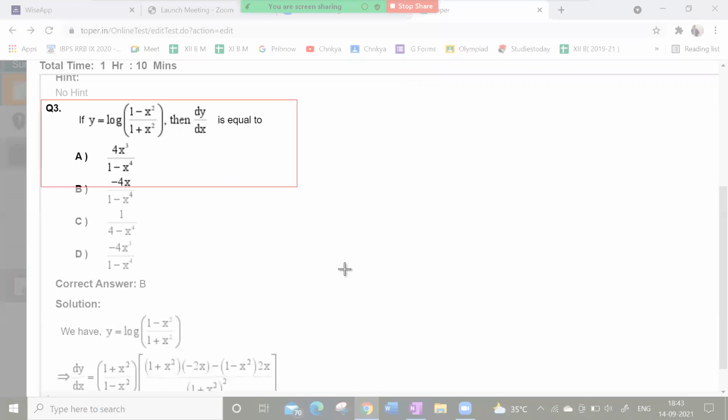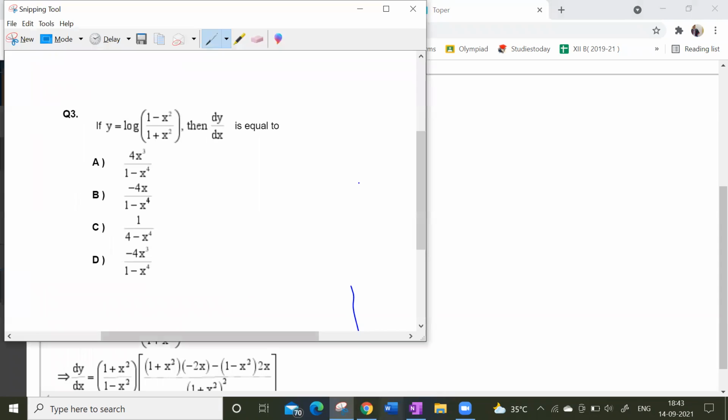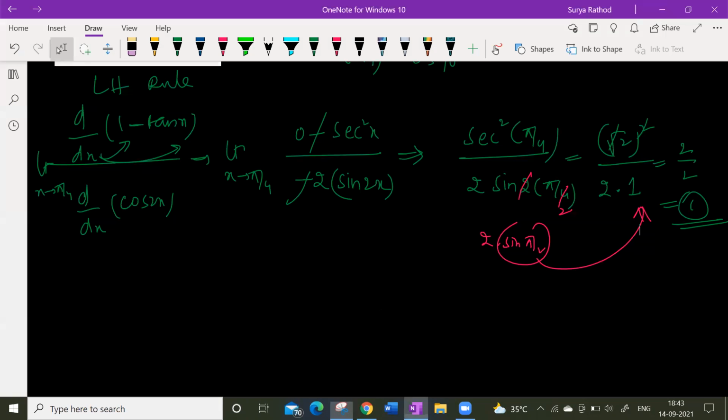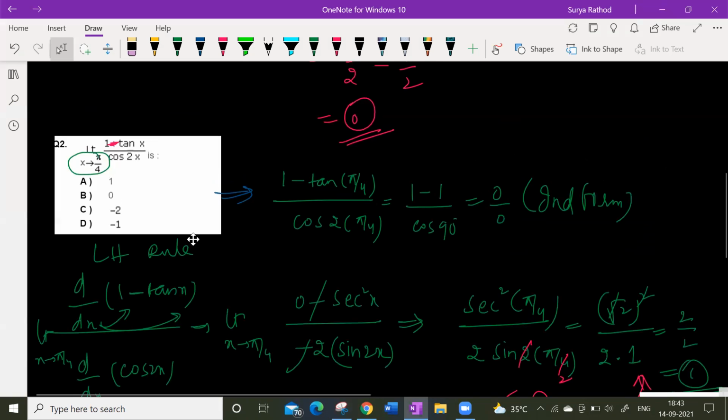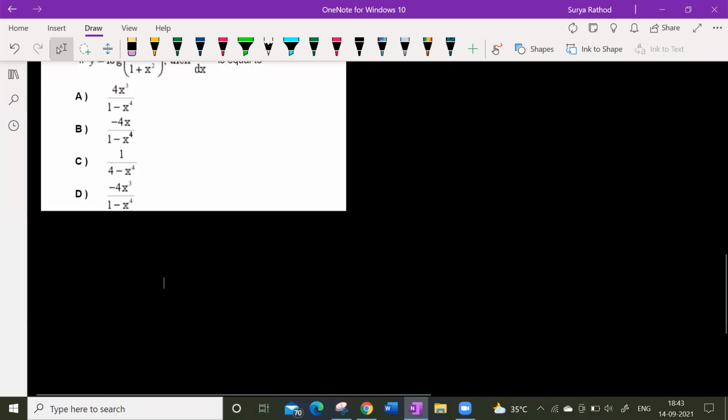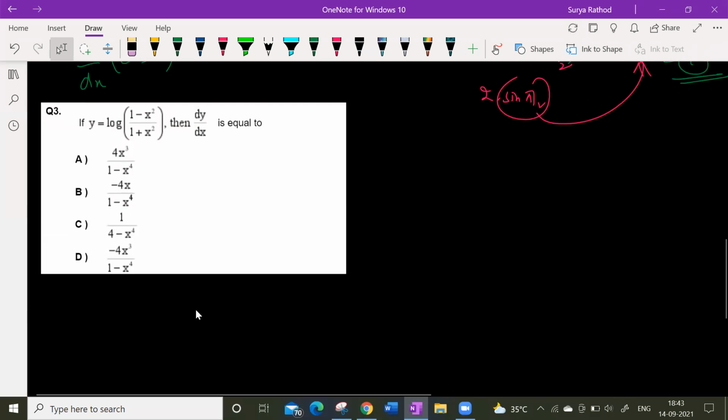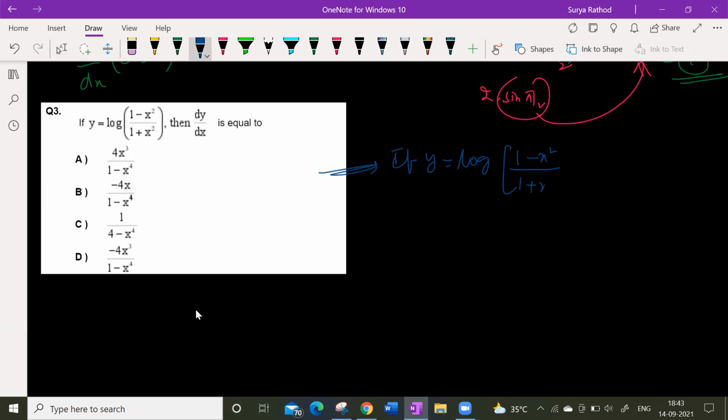Whenever you get this kind of question, you simply look at this here. Let us solve this question. Very beautiful question. If y is equal to log of 1 minus x square divided by 1 plus x square given, let x be equal to tan theta.